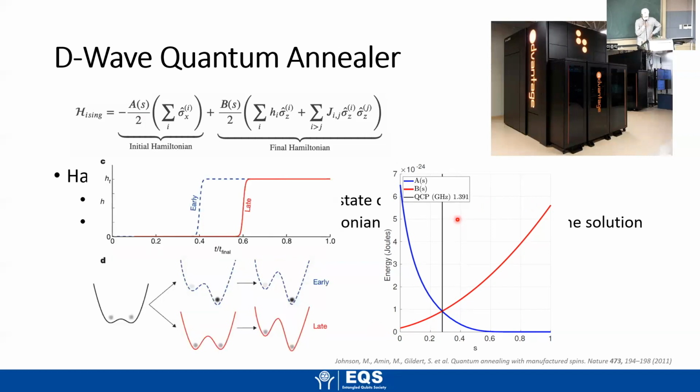This scheduling problem is important because the quantum effect does not last forever. There is a freeze-out point where qubits lose their quantum features.